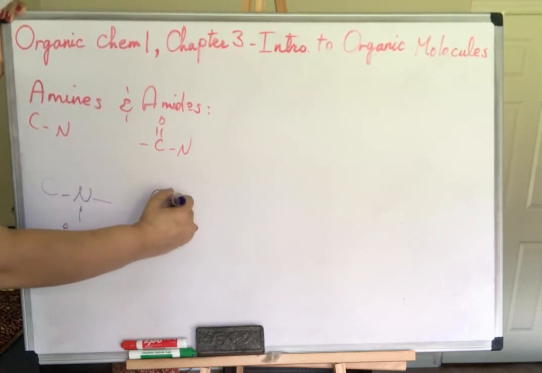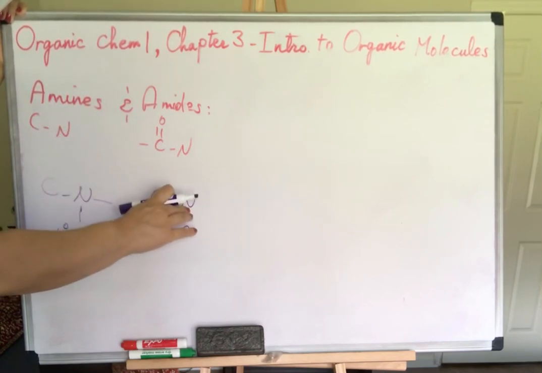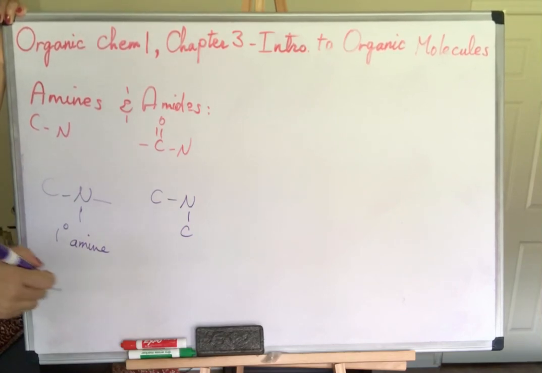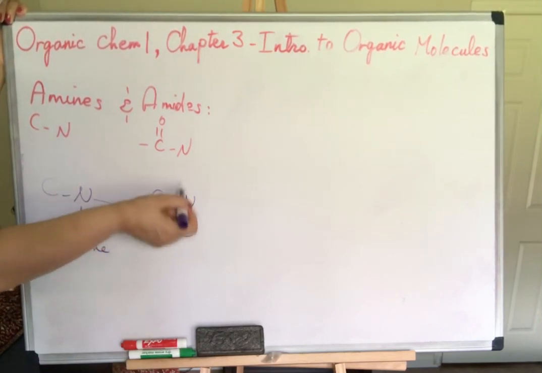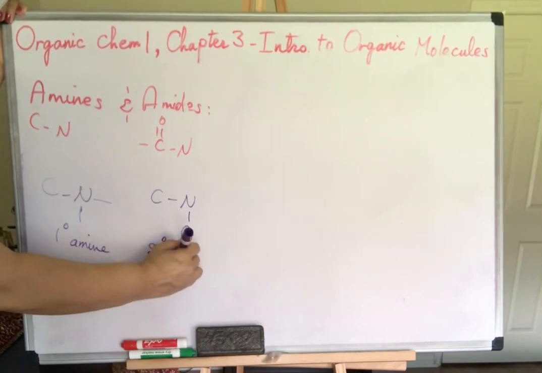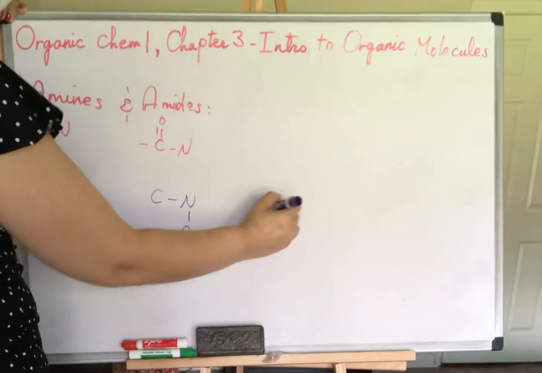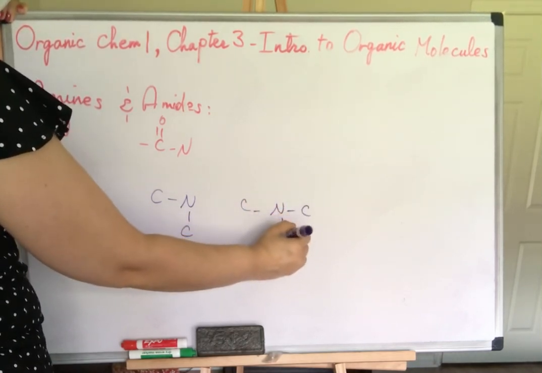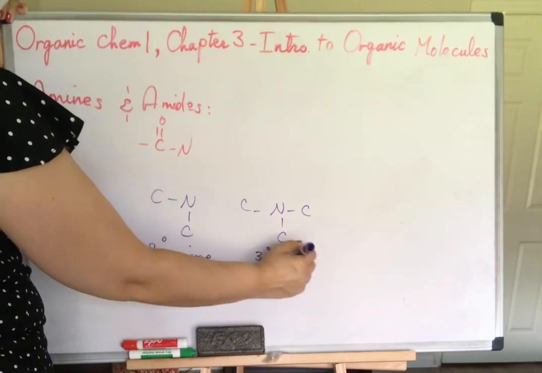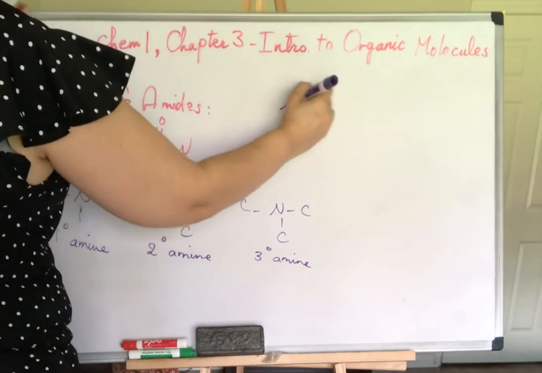If nitrogen is connected to two carbons, you see for amines it's slightly different from alcohols and alkyl halides. So when nitrogen is connected to two carbons, it's called a secondary amine. And when nitrogen is connected to three carbons, it's called a tertiary amine.